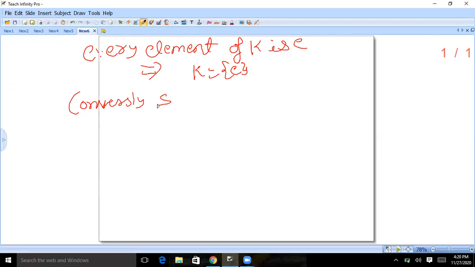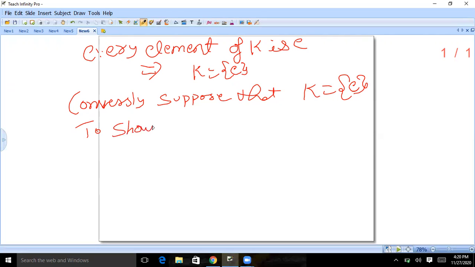Conversely, suppose that K is equal to E, and we have to prove, to show that f is 1 to 1.